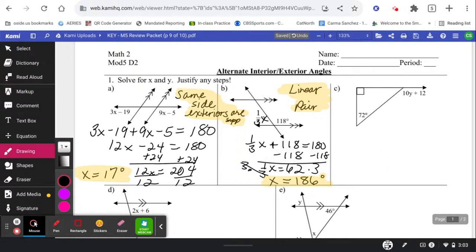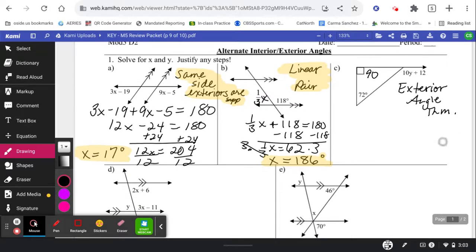All right, this next guy, we have to know that this little square means that inside there is a 90. Are you okay with that? Do you know that that symbol means 90? And then we are going to use the exterior angle theorem. Okay, exterior angle says that the exterior angle 10y plus 12 is equal to the sum of the remote interiors.